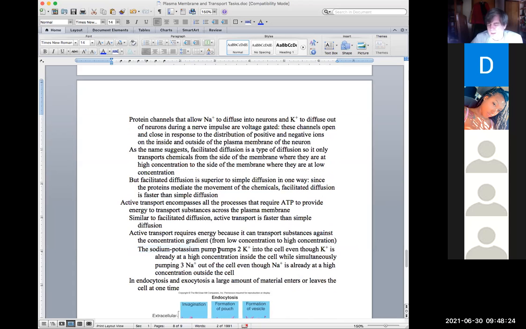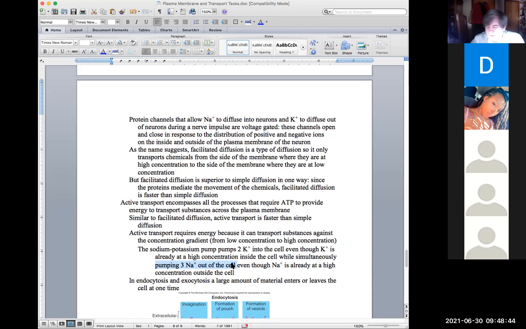So the sodium pump pumps 2 potassium into the cell, and at the same time, it pumps 3 sodium out of the cell. Kind of works like a revolving door. When the potassium is going in, the sodium is pushed out.